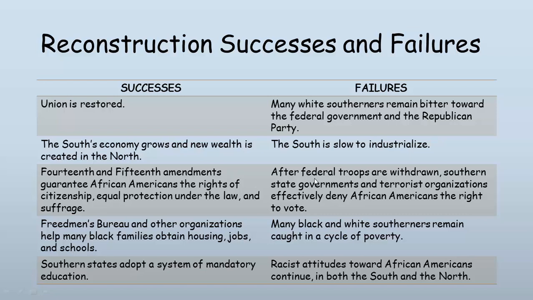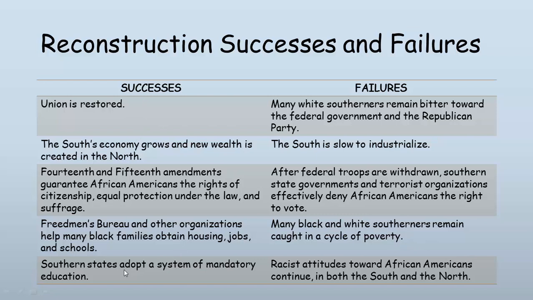But after those federal troops leave in 1877, Southern state governments and terrorist organizations effectively deny the right to vote to African American males. Success, but if you don't live up to it, it becomes a failure, right? Freedmen's Bureau definitely helped out the freedmen as best they could. But what do we see after Reconstruction during the late 1800s? Many black and white Southerners remain caught in a cycle of poverty or sharecropping. They can never get out of it, right?